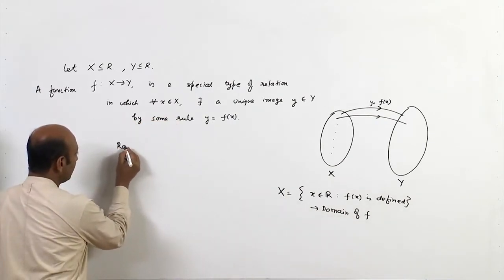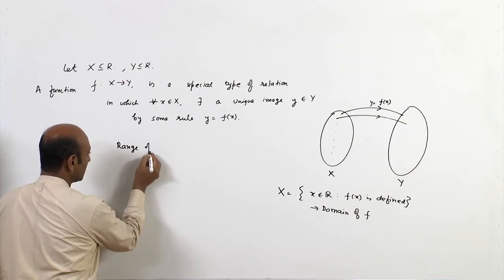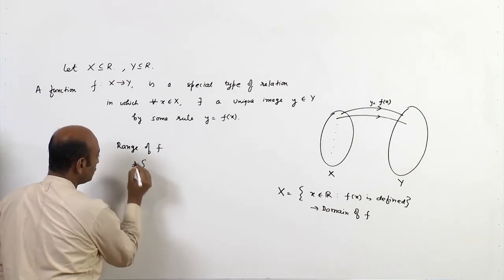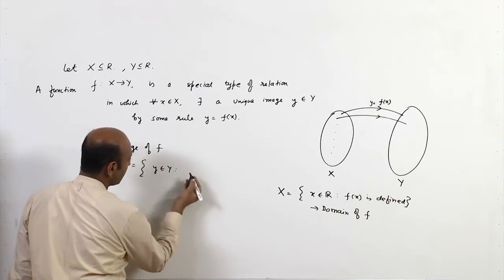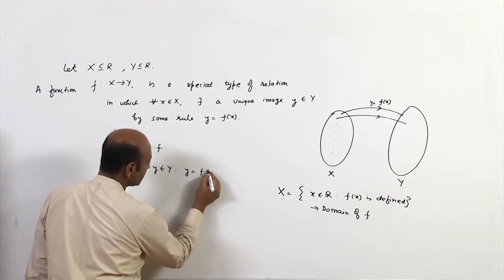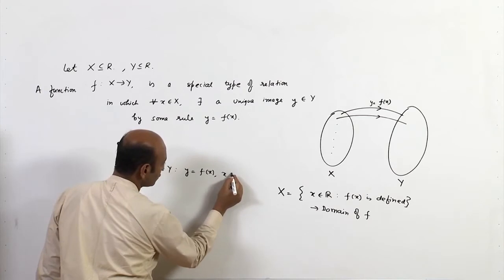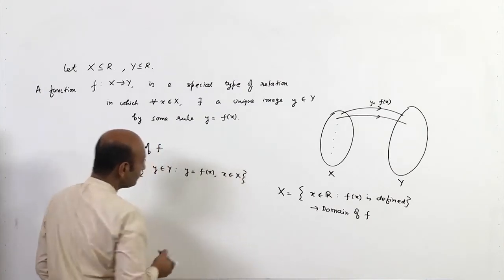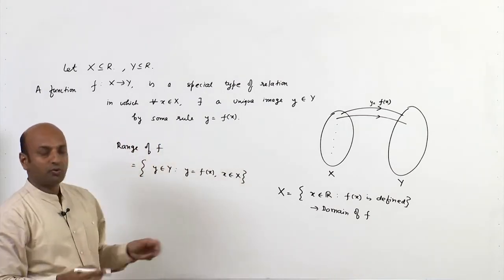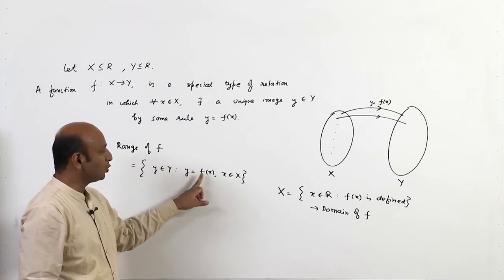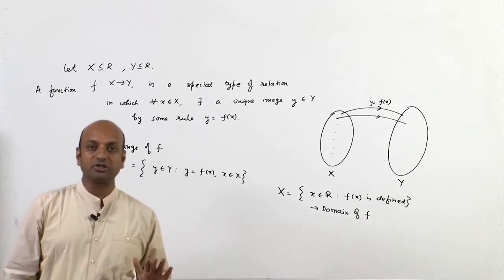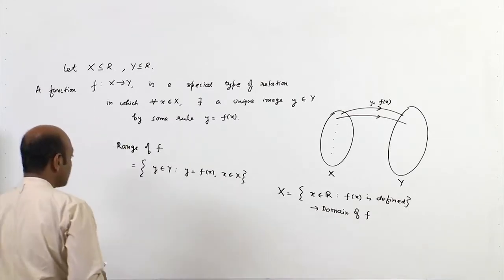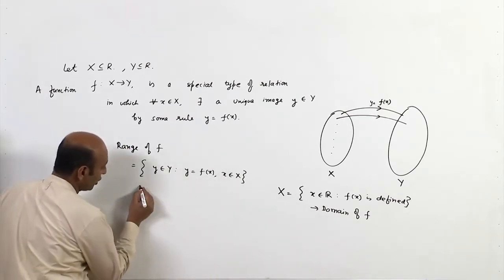Range of f is simply all those y belonging to Y such that y equals f(x) and x belongs to capital X. The collection of all such y is called the range of the function.